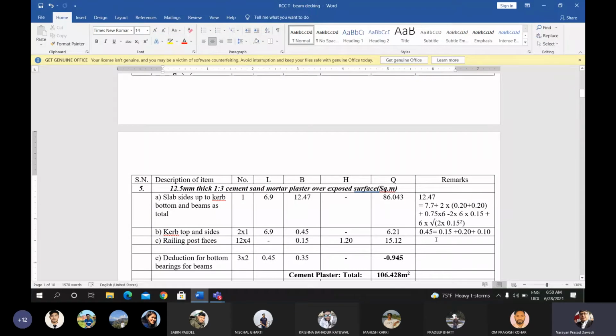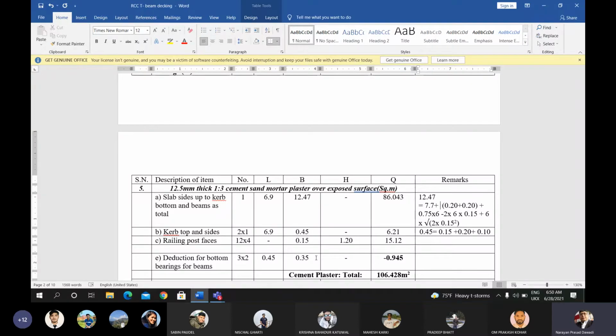Plus 0.75 into 6. That is the height of the beam up to the slab, that is 0.15 into 2. You should not multiply here. 0.2 is multiplied here, double time is multiplied here.